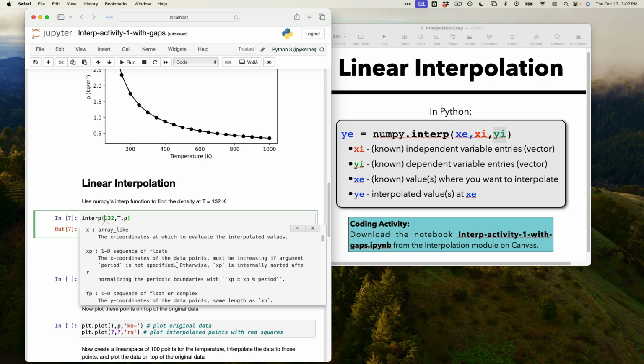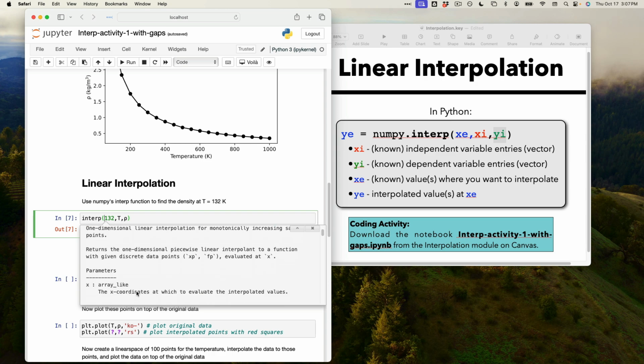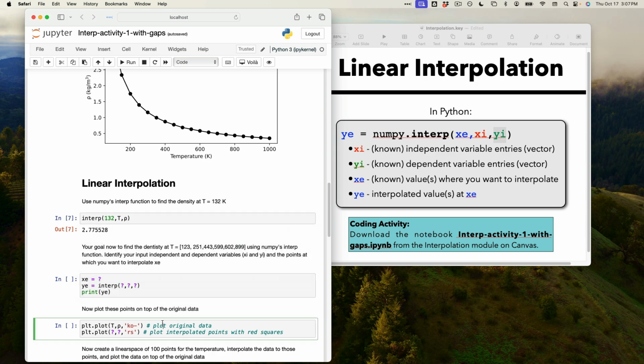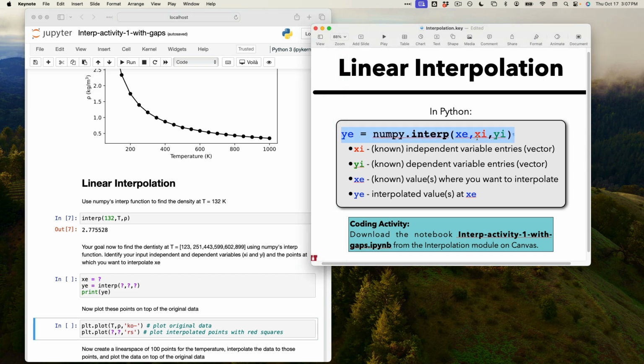XP is the x coordinates of the data points, and then FP, it's kind of weird, the y coordinates of the input data points. My explanation is cleaner, I think. So input independent variables and input dependent variables. Make sure you get all of that.